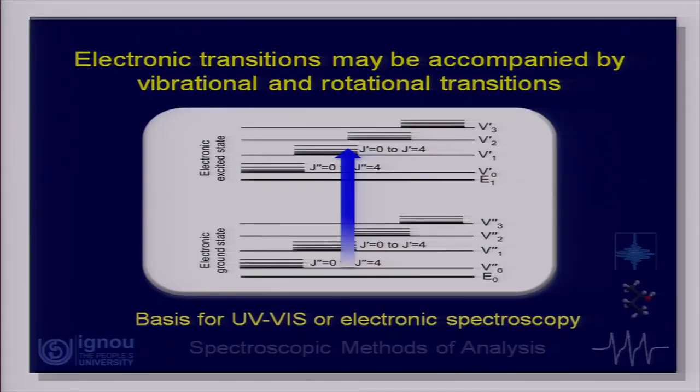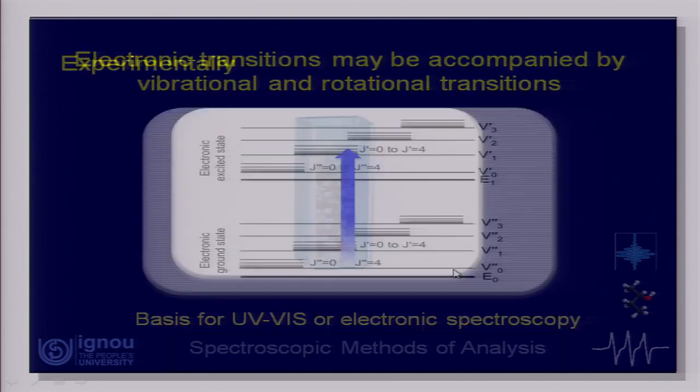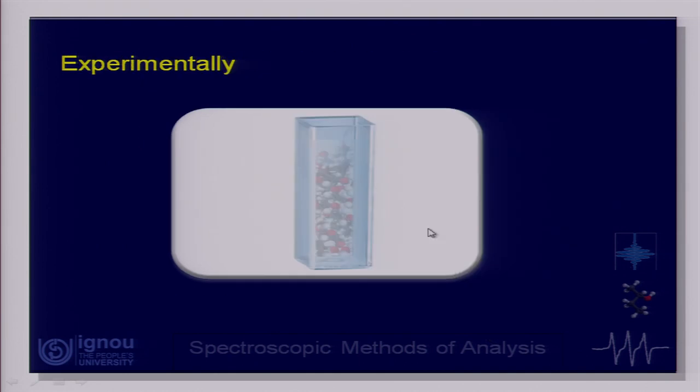Let us move further and see that this, as I mentioned earlier, forms the basis for our UV-visible spectroscopy or electronic spectroscopy. Now, what basically happens experimentally? Here I am showing a small container called a cuvette, which depicts that there is a molecular system there.